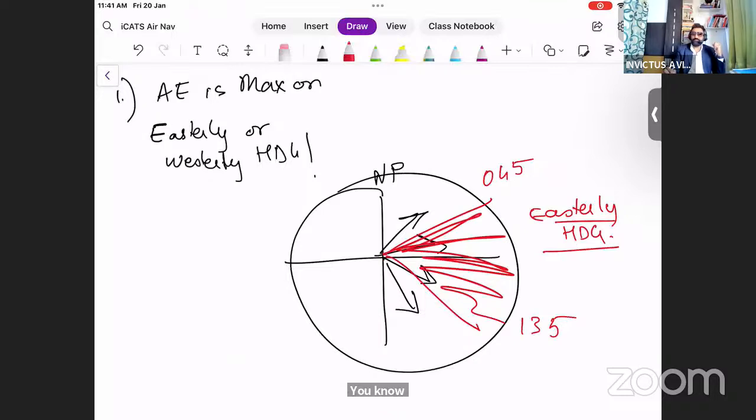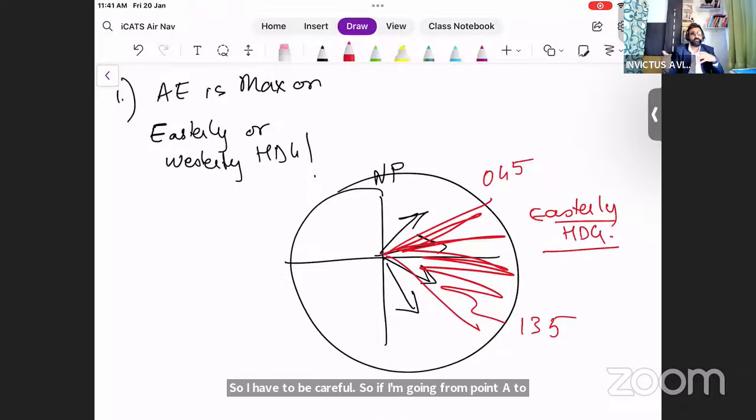All right. So, whenever I'm going easterly, my acceleration error in a DRMC is going to be maximum. So I have to be careful. If I'm going to fly from Mumbai to Pune, it's going to be an easterly heading for me. So I have to be careful whenever I'm accelerating or decelerating that I'll have a heading indication which will not be accurate.